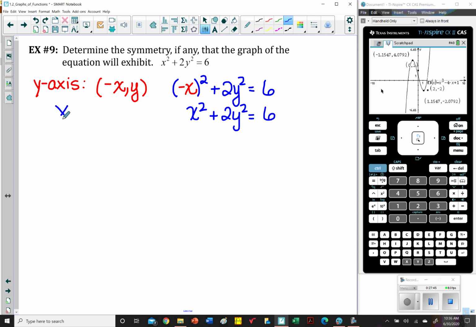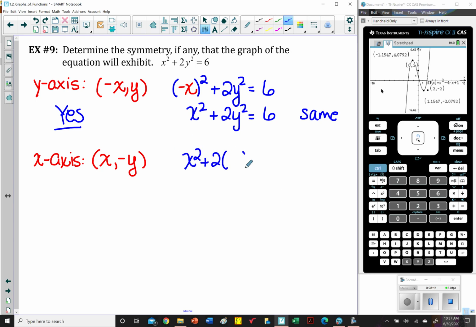So yes, we have y-axis symmetry. It passes that test because this stayed the same as the original function. How about x-axis symmetry? We didn't talk about it, but we could figure it out if we kept the x and changed the y to the opposite of y.